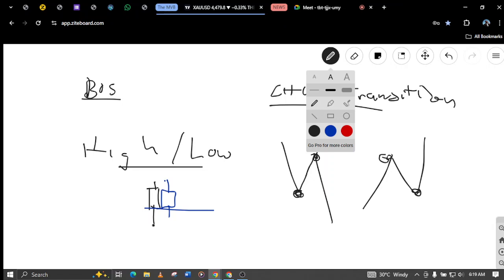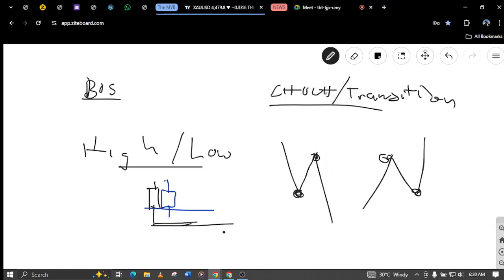If this is the longest wick, that is the point where you need to mark your swing point area, or your high or low. That is the point you need to mark. From there is where you're going to see whether the market performed the break or a change of character.